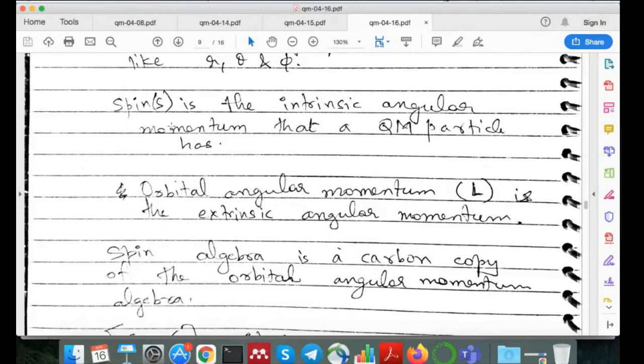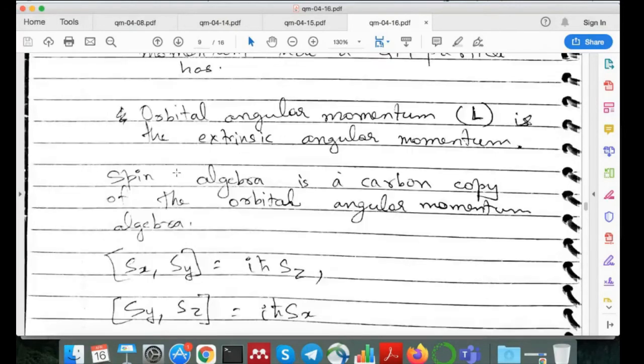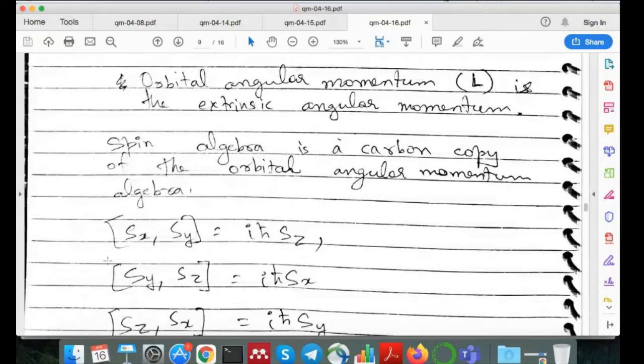Now, spin algebra is a carbon copy of the orbital angular momentum algebra. All these commutator relations that we proved and defined for the orbital angular momentum, the same thing applies to the spin angular momentum also. So let's look at it. The commutator algebra for the spin: the commutator of Sx with Sy gives you iħ Sz.